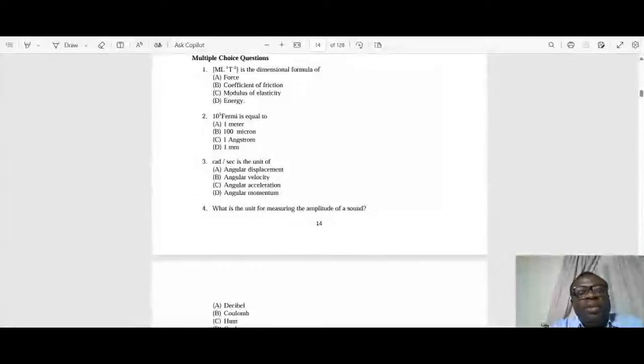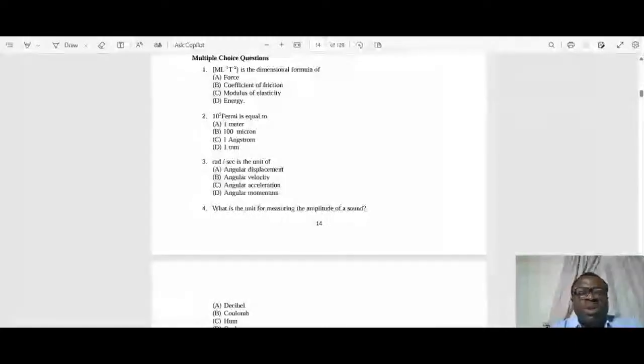Like I said earlier, for you to know the dimension of a quantity, you must either know the formula or the units. When you talk about modulus of elasticity, that's what they call Young's modulus. If you have pen, you can be writing it down.